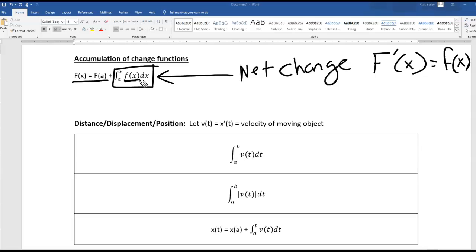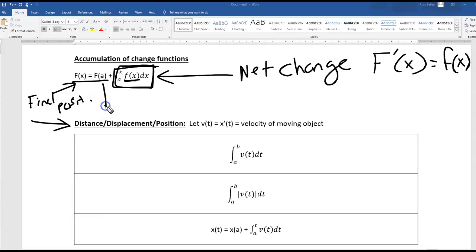What this represents basically is how much the function has changed over time. So, for instance, we're going to be applying this a lot of the time to particle problems. So in this problem, what this first thing is going to be representing is our final position, is what f of x represents.